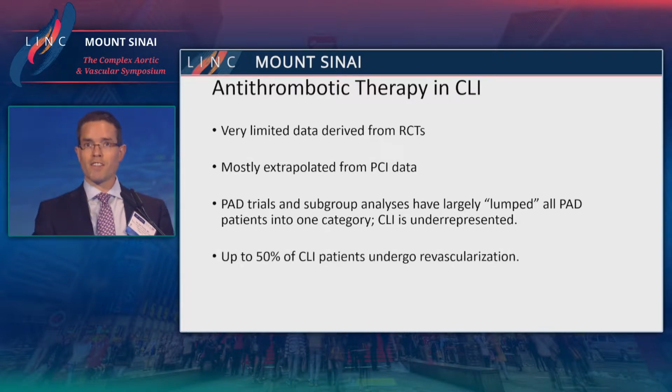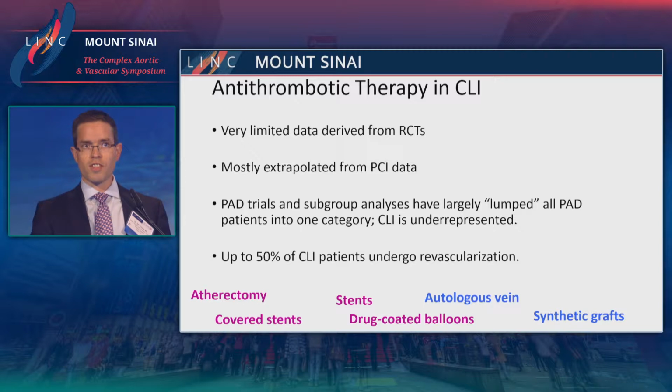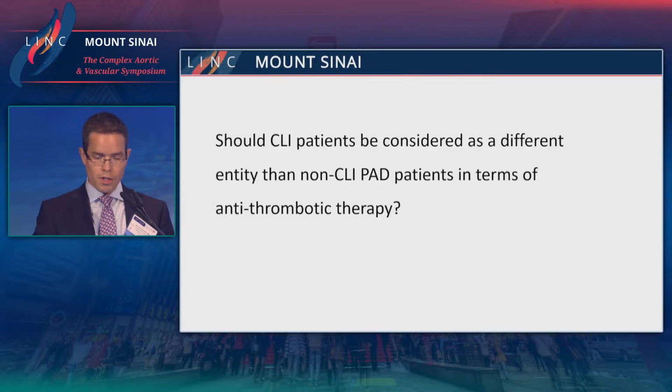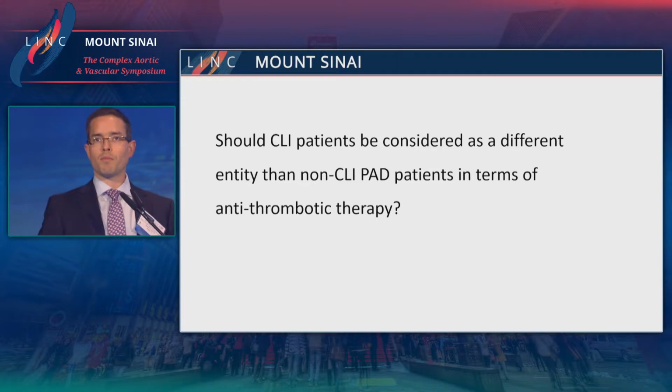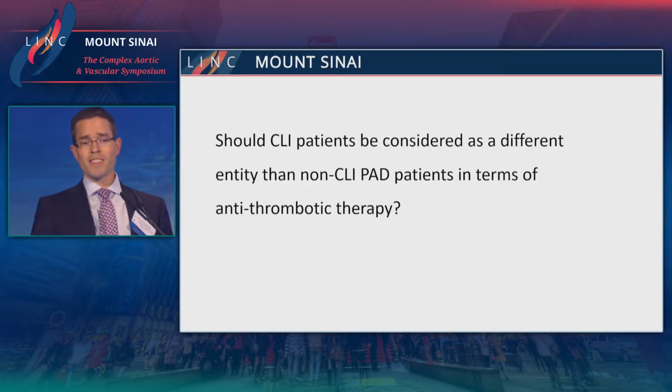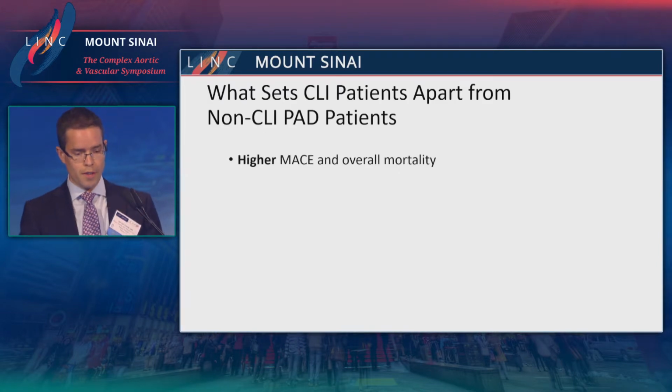And to add complexity to the topic, about 50% of CLI patients at best undergo revascularization, which then brings the issue of how to maintain patency of the artery that has been revascularized. So a fundamental question is, should CLI patients be even considered as a different entity to non-CLI PAD patients in terms of antithrombotic therapy?